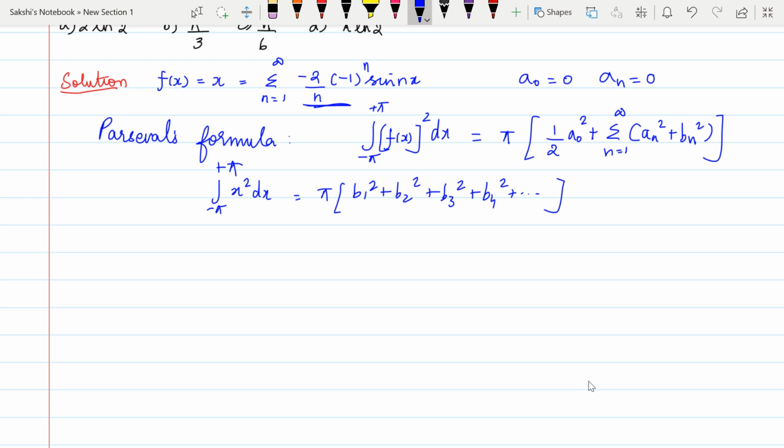Or else you can also find bn using the formula 1 by pi, integral from minus pi to plus pi of f of x sin nx dx.